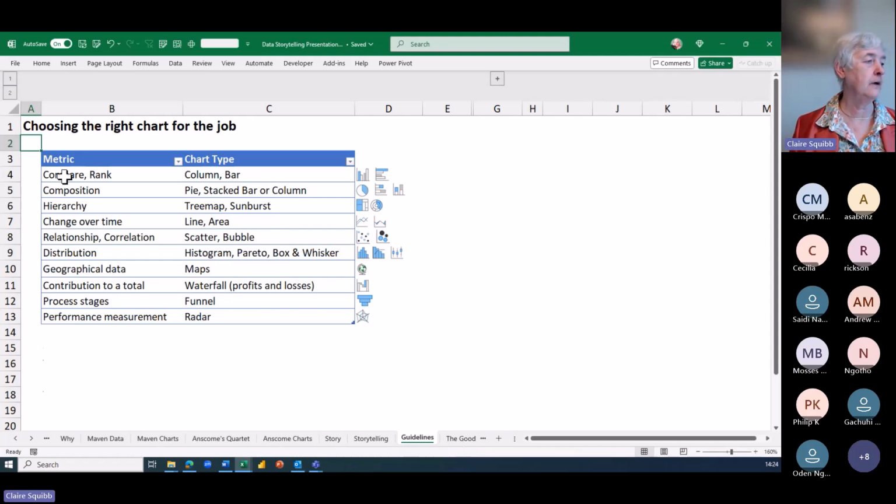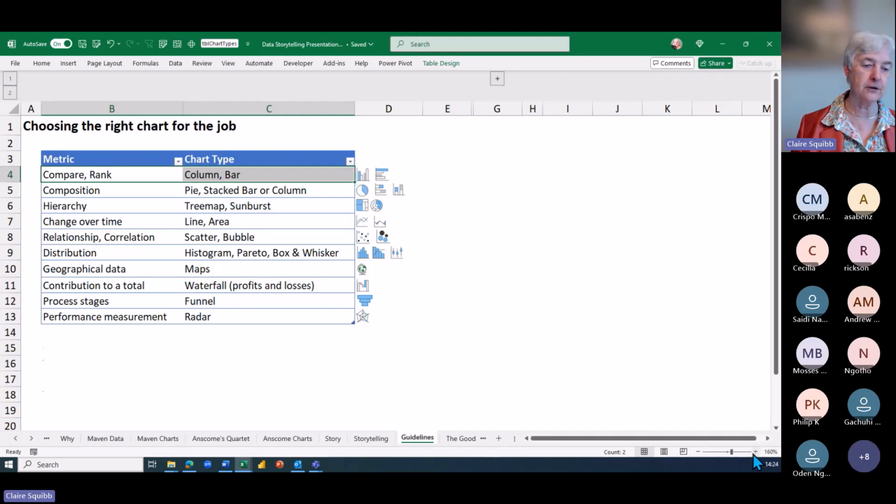Okay, so if you're comparing data across categories, comparing one category with another, or ranking data, then use column charts or bar charts. I'm just going to zoom in on this a little bit for now.